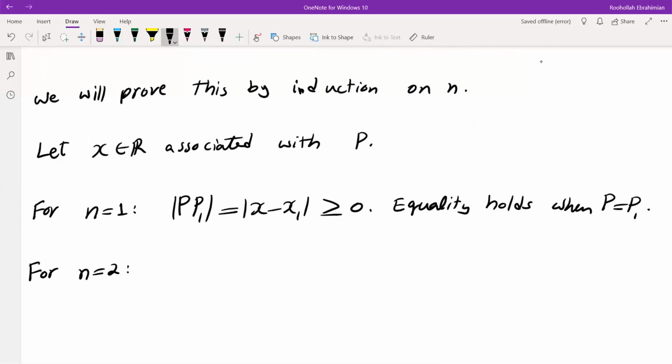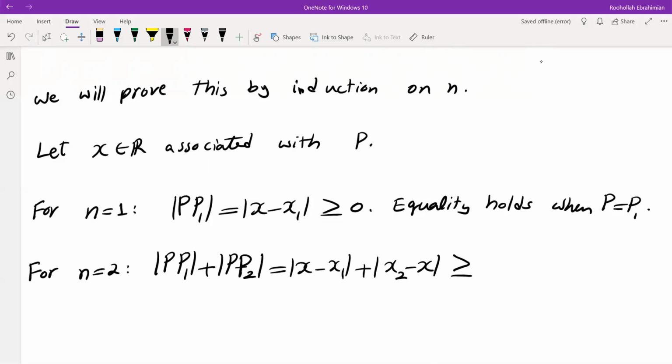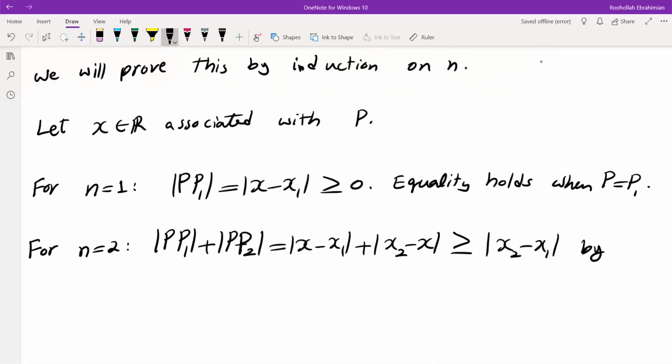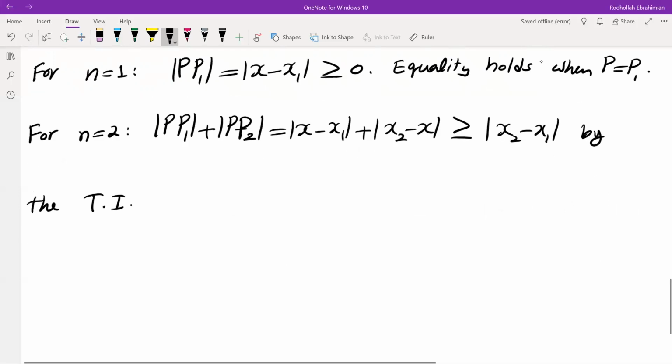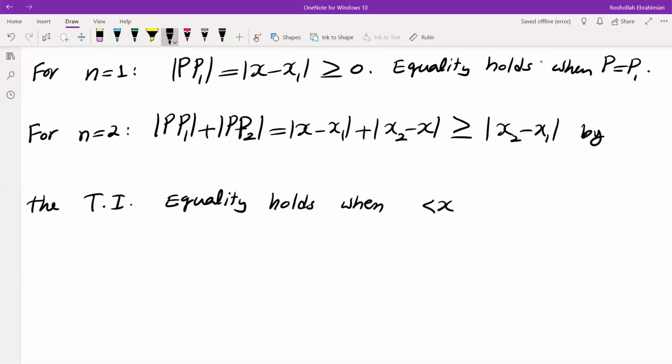For n equals 2, the distance between P and P1 plus the distance between P and P2 is going to be x minus x1 plus x2 minus x, which equals x2 minus x1, by the triangle inequality, and equality holds when x is between x1 and x2 as desired.